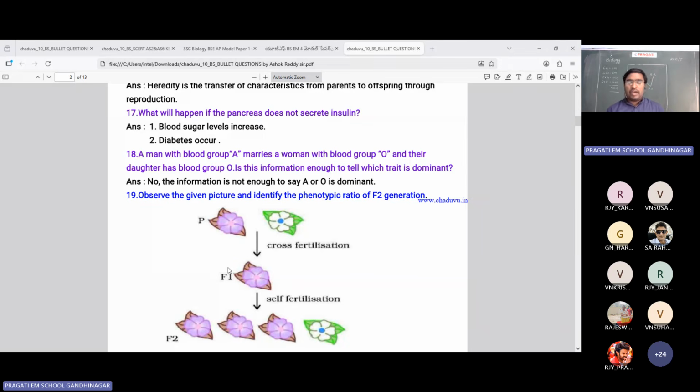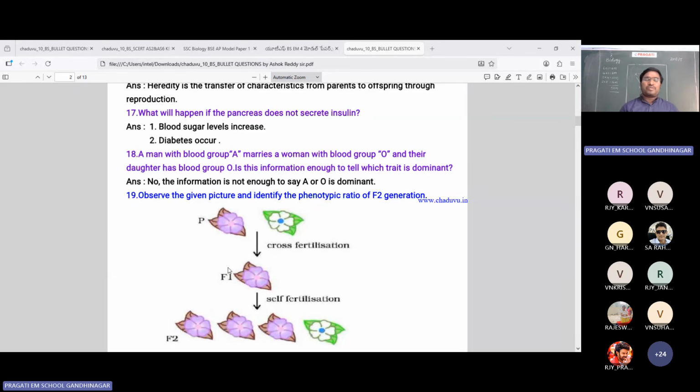Okay, children. Now, 18th question. Please observe carefully. A man with blood group A marries a woman with blood group O, and their daughter has blood group O. Is there enough information to tell which trait is dominant?